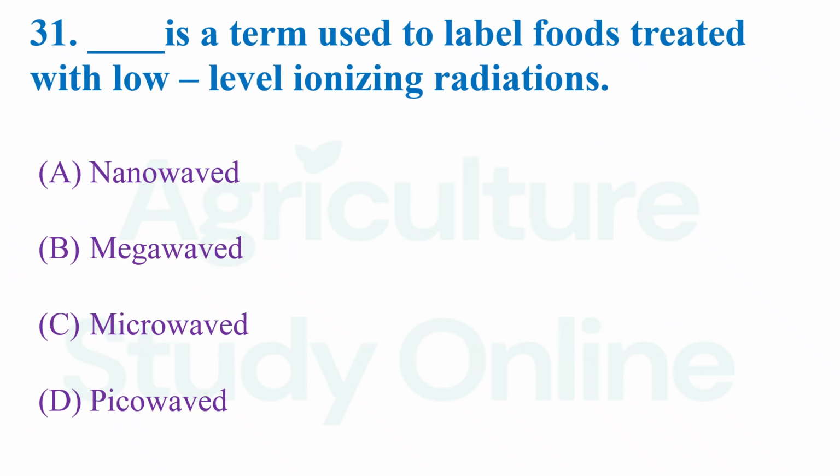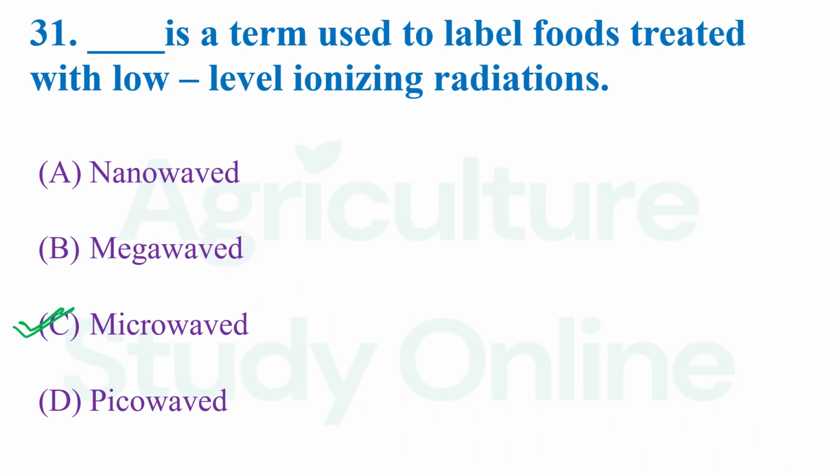Question number 31. Dash is the term which is used to label foods which is treated with low level ionizing radiation. So it is microwaved. It refers to the food which is treated with low level electromagnetic radiation. These waves will cause water molecules in the food to vibrate, which will result in the production of heat and cooking of the product.